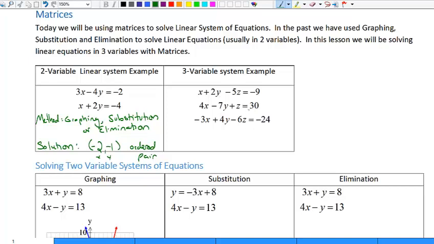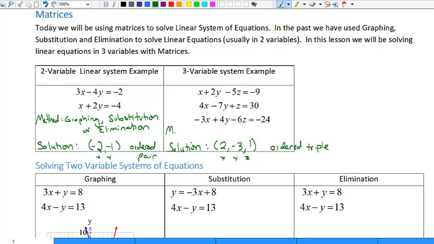We have three letters that we don't know, and so the solution is going to be an ordered triple because we have three variables, and in this particular case we have the solution 2 comma negative 3 comma 1. Notice this is an x comma a y comma a z. We call this an ordered triple. Kind of like an ordered pair, but an ordered triple because there's three variables that we don't know.